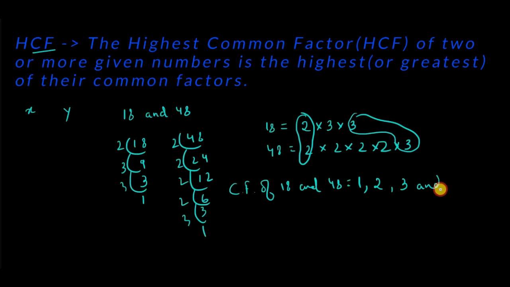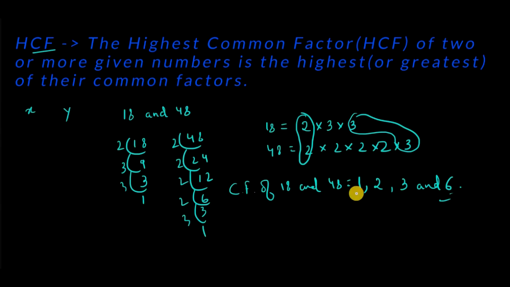There will be another number, because since 2 and 3 are common factors, we can multiply them, right? 2 into 3, 2 threes are 6. 6 is also a common factor, right? If you want to check it, 6 is able to divide 18, it's able to divide 48, so it's also a common factor.